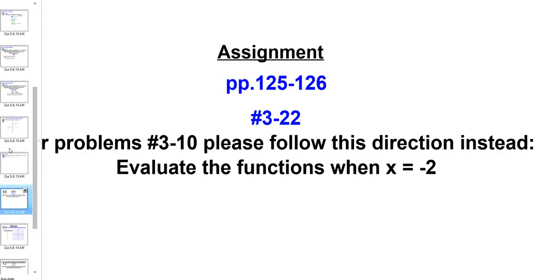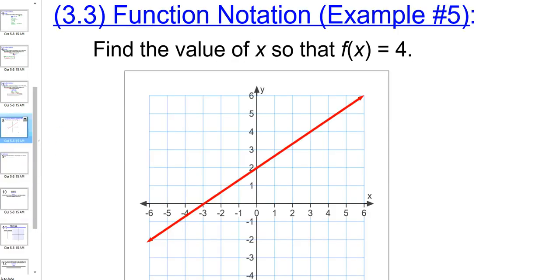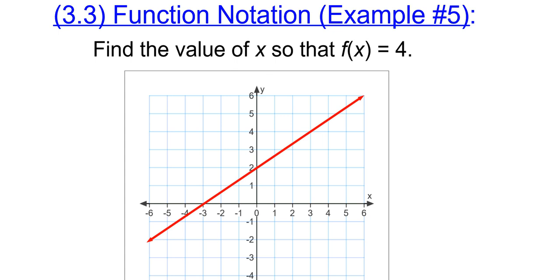All right, find the value of x so that f of x is 4. Well, remember, f of x is a notation called function notation. Notation just means it represents something. It represents y.